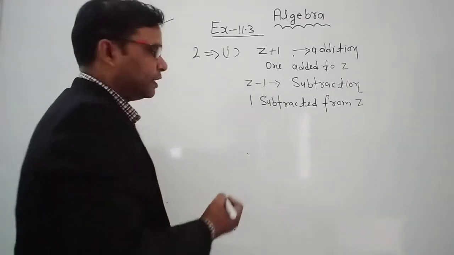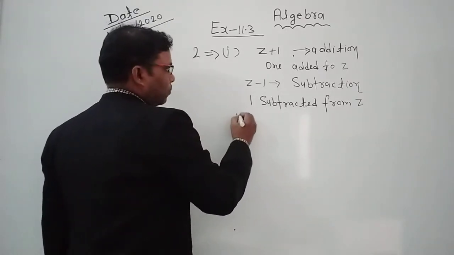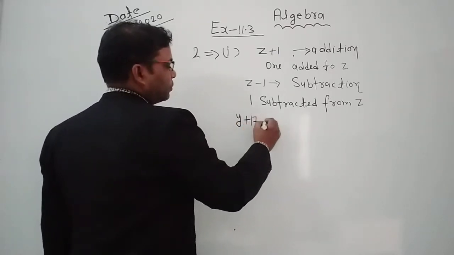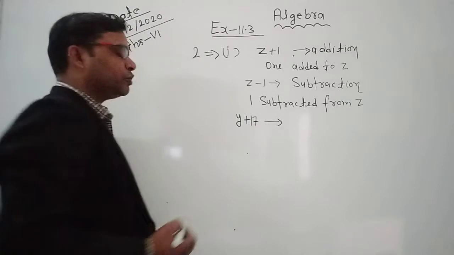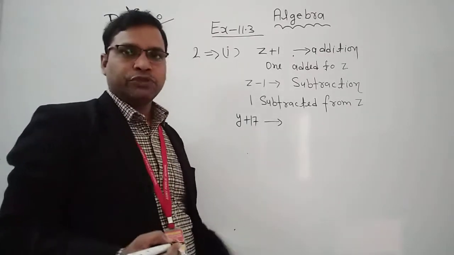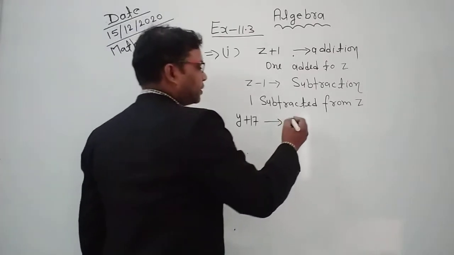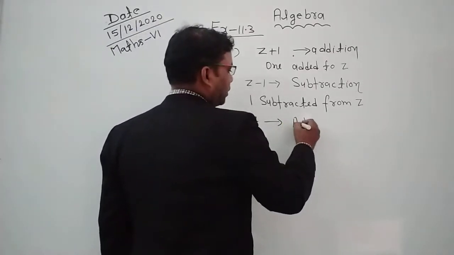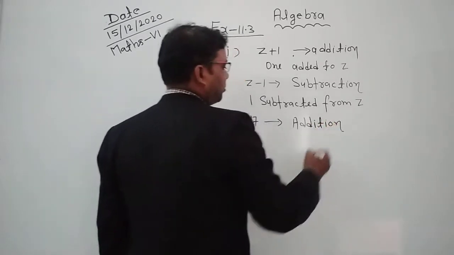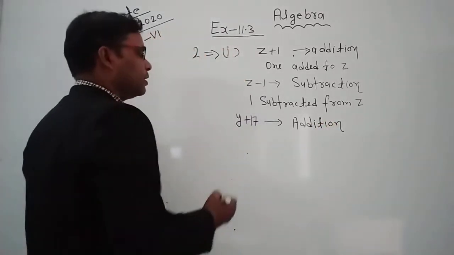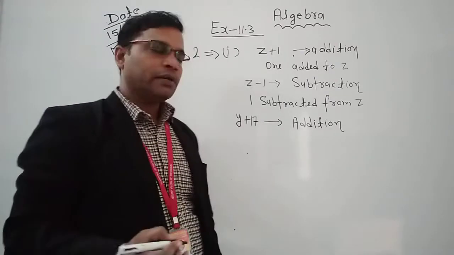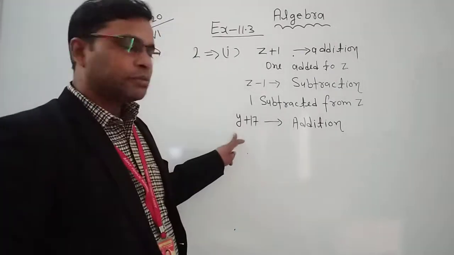Now the next is y plus 17. Which operation is used here? The operation is plus, so you can say the addition operation is used here. So you write addition. And how has this expression been formed?